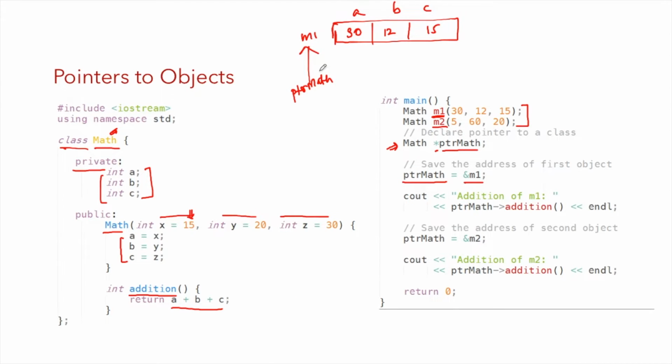Now once that pointing is done, using my pointer variable I can access these data members. Also I can access my member functions too.